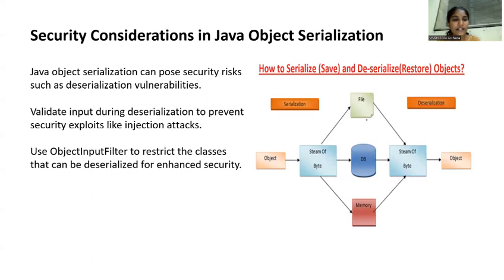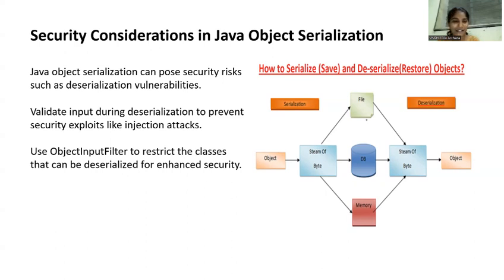And next is security considerations in Java object serialization. Generally this serialization process is implemented for many applications. One of them is security considerations. Java object serialization can pose security risks such as deserialization vulnerabilities, so validate input during deserialization to prevent security exploits like injection attacks.